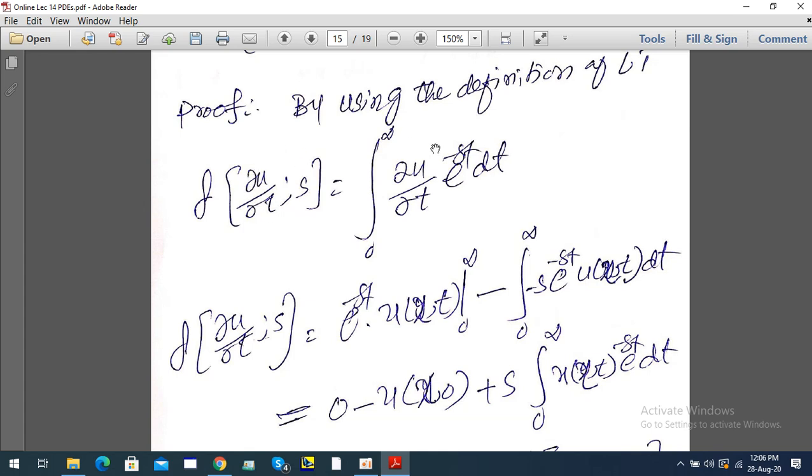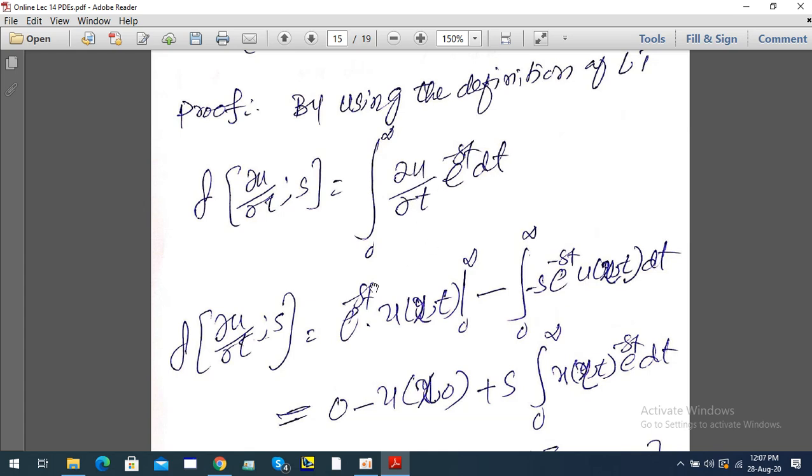By the definition of Laplace, the Laplace of partial u by partial t is the integral of f of t e power minus st dt. In the above example we just used the terms, but now I'm going to find it in a proper way, in detail.